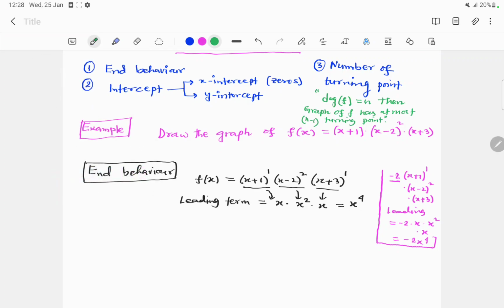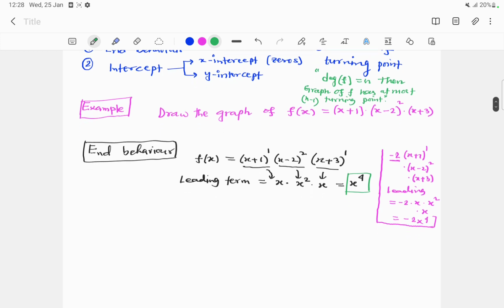The leading term x to the power 4 determines the end behavior of the function. Let me make a table to check how the end of the graph changes when you go very far to the right along the x-axis, and what happens if you go very far from the origin toward the left.